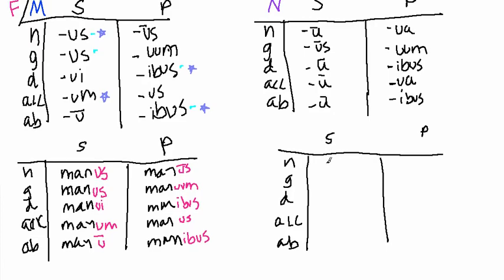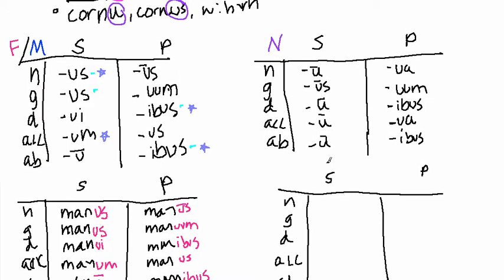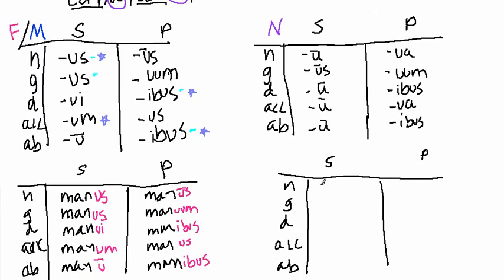And now we'll just go ahead and do the same for the neuter. And I'll use cornu, cornus. And you can see the stem, since I circled the endings already, the stem is corn. Just copy that down in every space.